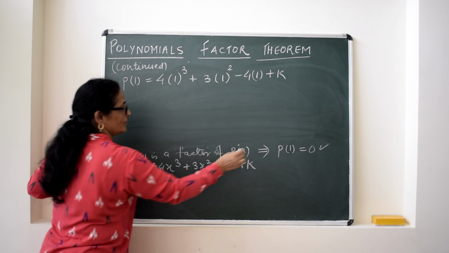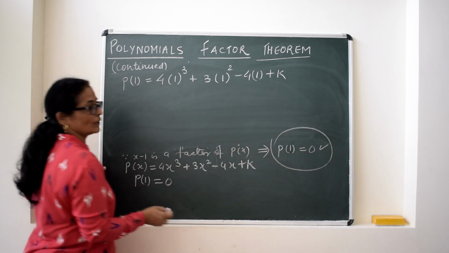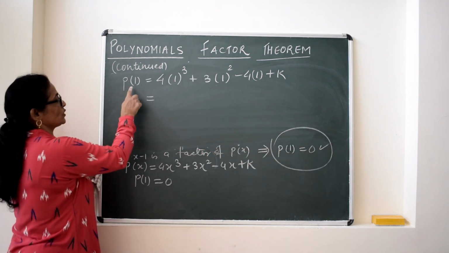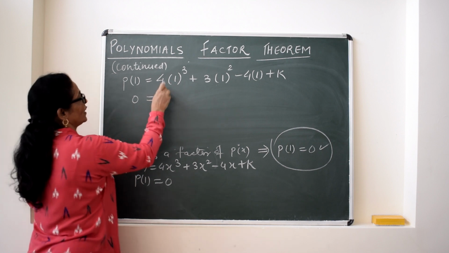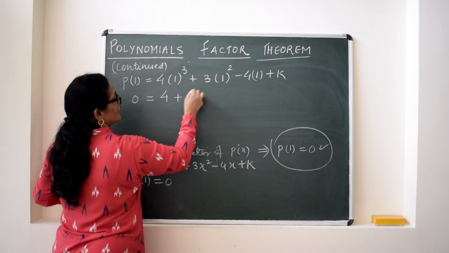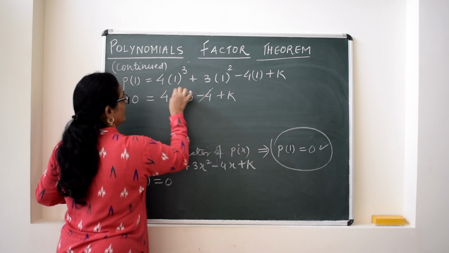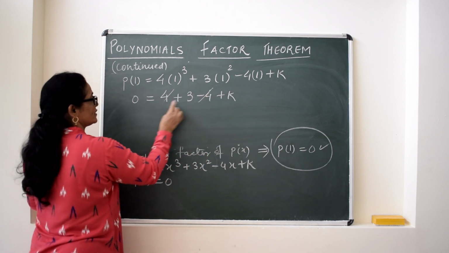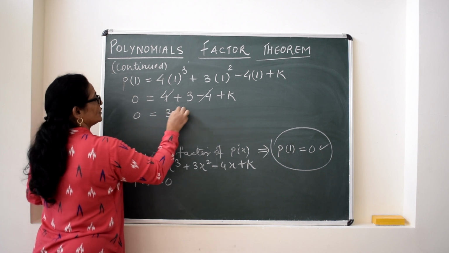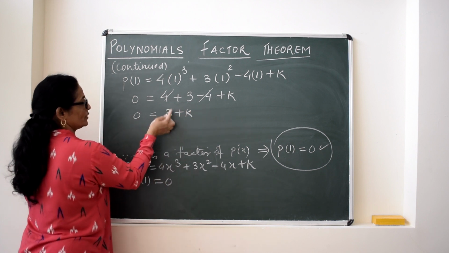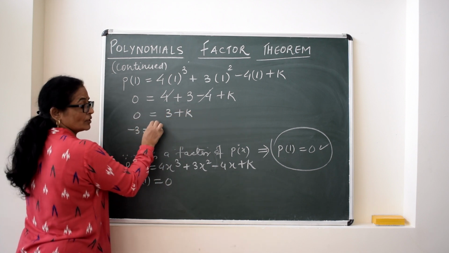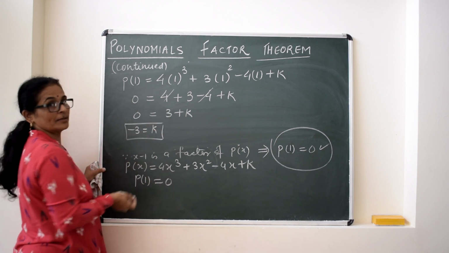So in place of this, we will take 0, and here this will be 4 plus 3 minus 4 plus k. Plus 4 and minus 4 will be cancelled. So 3 plus k is 0. You bring 3 to this side, so the value of k is minus 3.